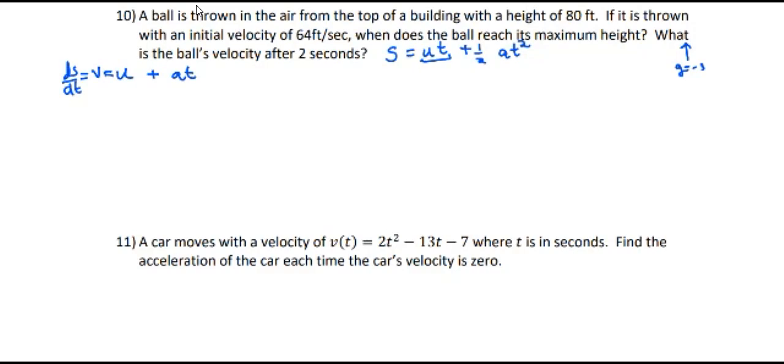I'm picking g to be negative, so we have that our velocity is given by u plus gt. So this is our velocity.